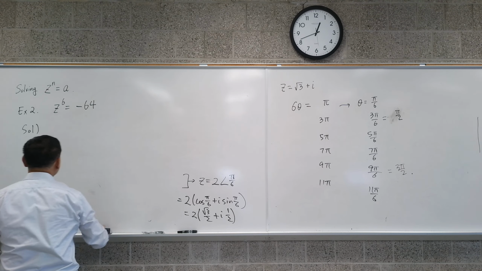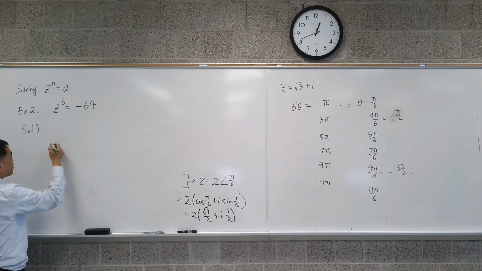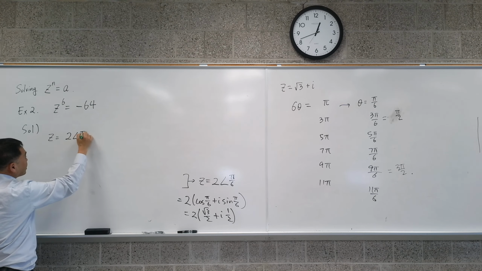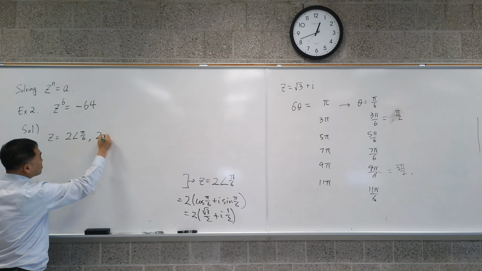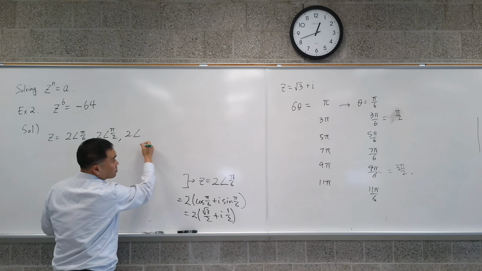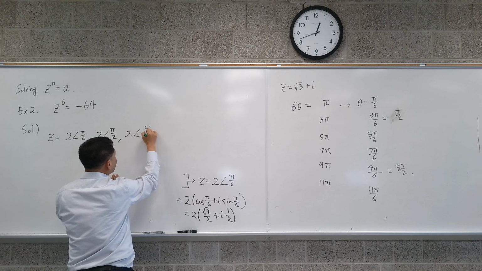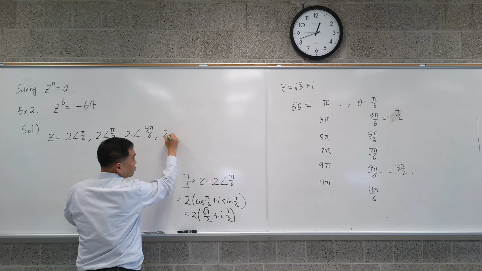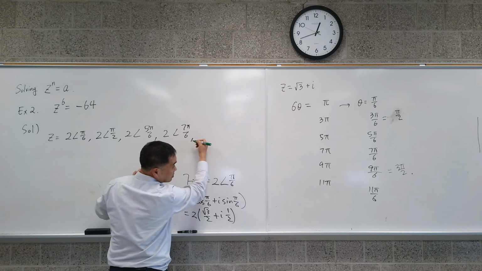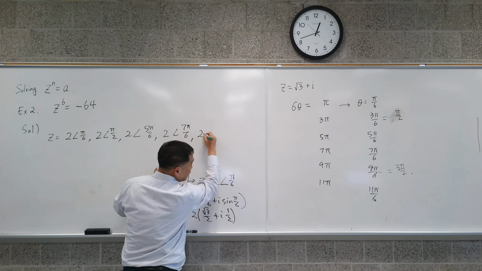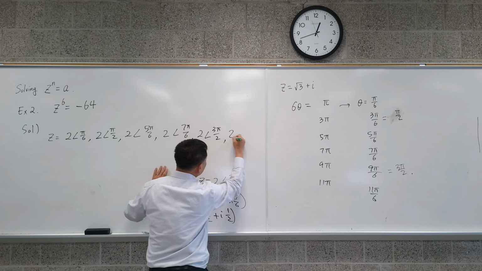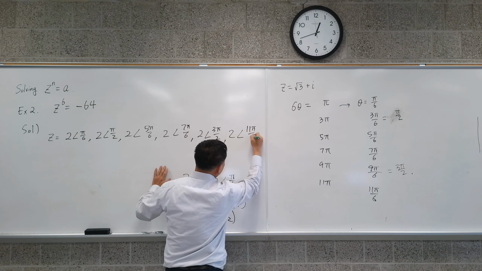Let me write down the answers in polar form, which is z equals 2 angle pi over 6, 2 angle pi over 2, 2 angle 5 pi over 6, 2 angle 7 pi over 6, 2 angle 3 pi over 2, and 2 angle 11 pi over 6.